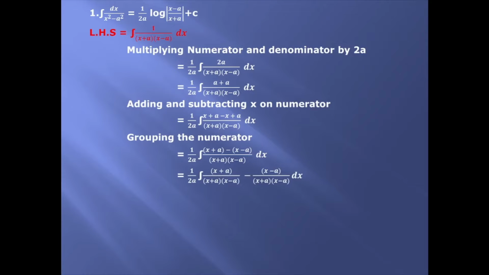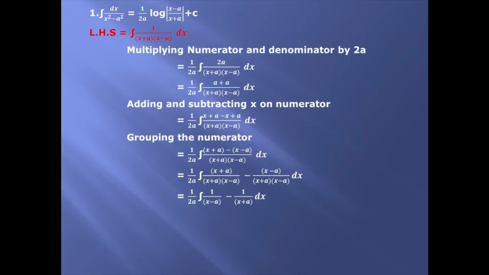Then separating them, x plus a by x plus a into x minus a, minus x minus a by x plus a into x minus a dx, so that in the first term x plus a gets cancelled, and in the second x minus a gets cancelled in both numerator and denominator.